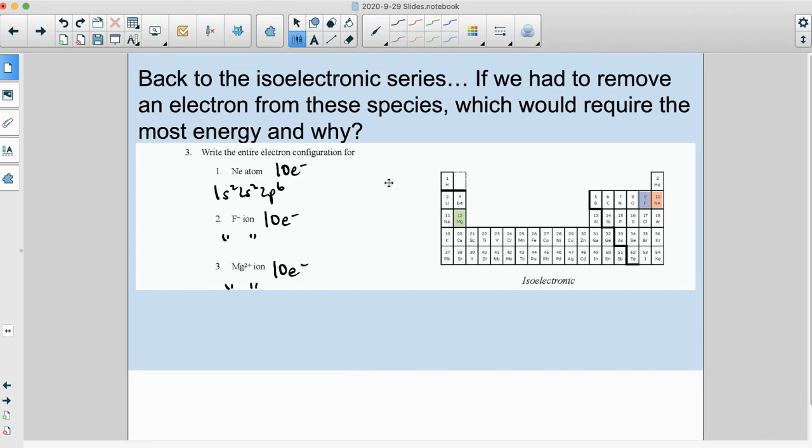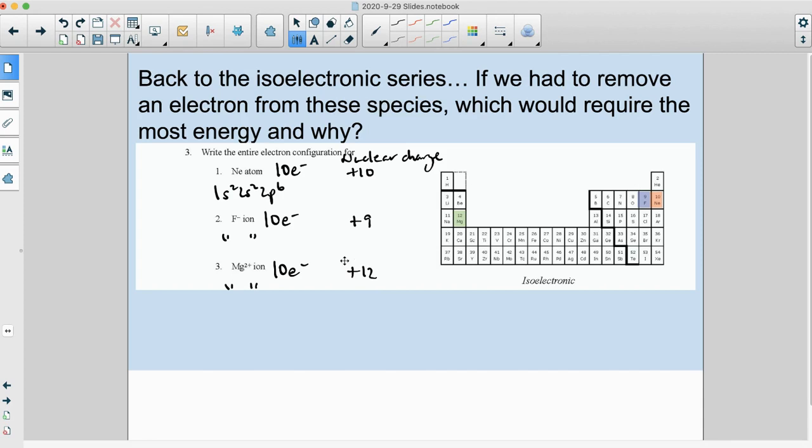Now, the difference is, though, the nucleus. Let's write down the nuclear charge. For neon, the nuclear charge is plus 10, okay, atomic number 10. For fluorine, the charge is plus 9. For Mg, for magnesium, it's plus 12. Okay, so Coulomb's law says higher charges give more attractive force.